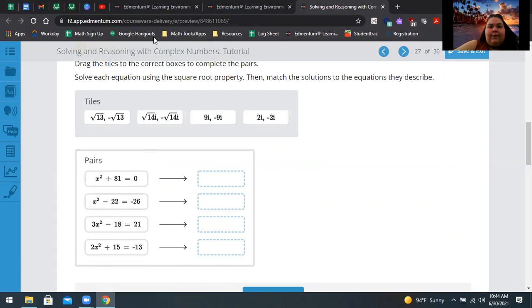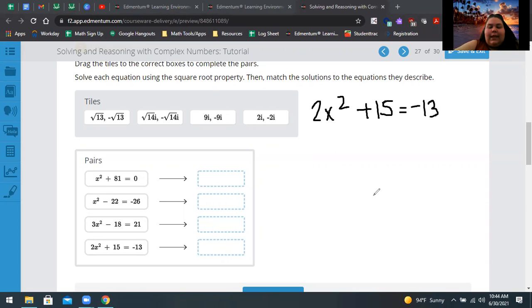So we have 2x squared plus 15 equal to negative 13. Now, the idea is because you only have x or x squared here, you're going to try to isolate this as much as you can. So the first thing I want to do, I don't want to get rid of the 2 just yet, because it's attached to the x squared. Let's get rid of the 15 first.